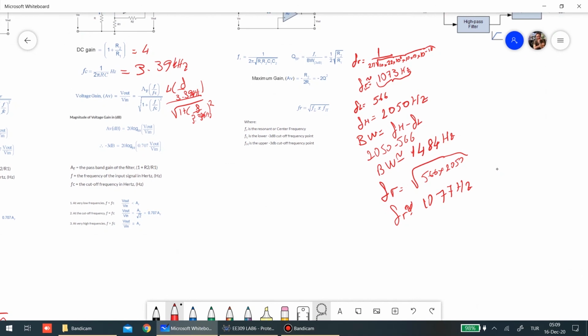And what about the quality factor? It is equal to 1077 over 1484, which is equal to 0.73.